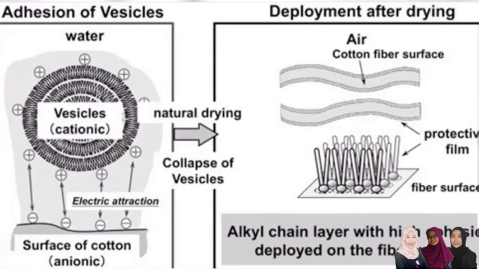During the drying process, vesicles collapse and the fiber surfaces are covered by layers of hydrophobic alkyl chains that have low surface energies in air. It is believed that this process causes a reduction in friction between fibers, leaving cotton clothes softened. Thus, the softness of clothes after using a softener depends on the friction between fibers.